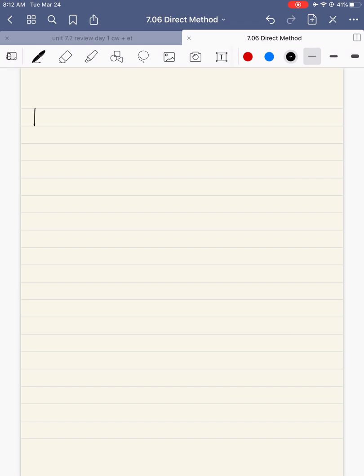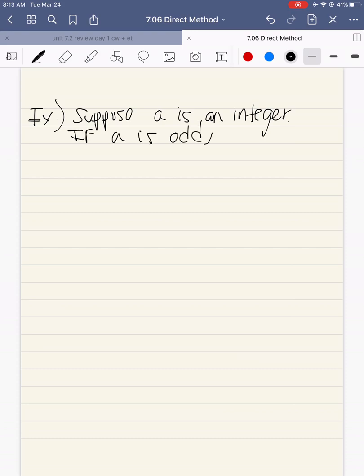So if we start with the statement, again, suppose a is an integer. If a is odd, then a squared plus a plus 1 is even.